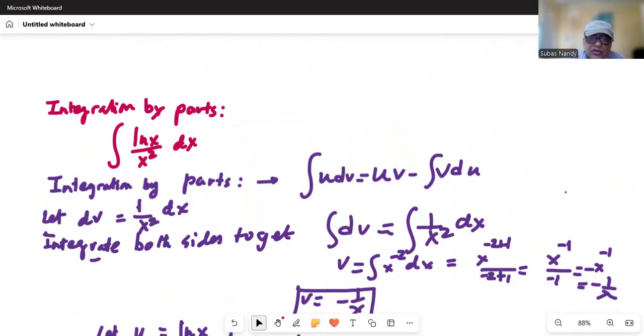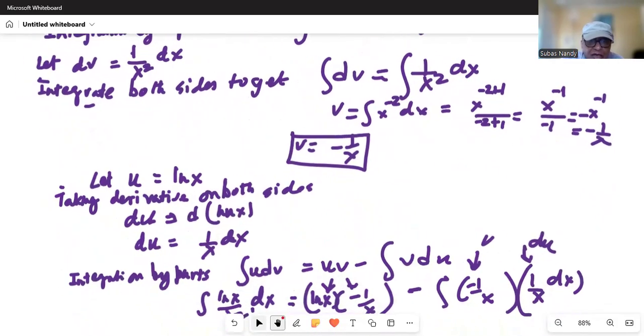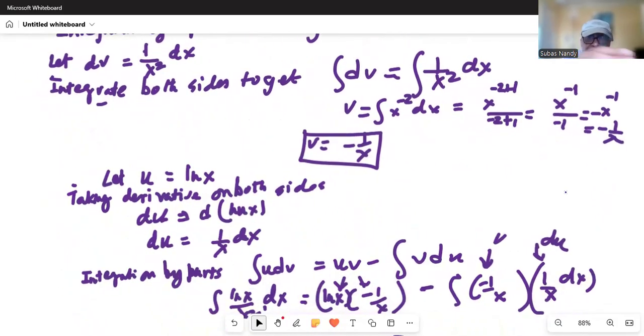Then we integrate on both sides to get v is equal to x to the power of minus 2 plus 1 divided by minus 1, which is minus 1 over x. So v becomes minus 1 over x. And we said u equal to ln x. So du, taking the derivative on both sides, is 1 over x dx.